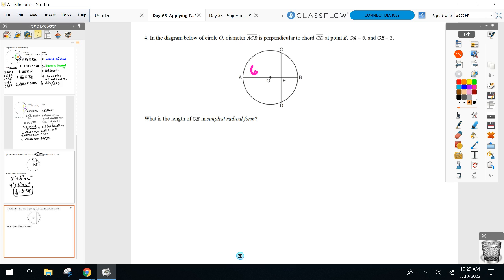OE is 2. Got it. How long is CE? Ooh. How long is CE?